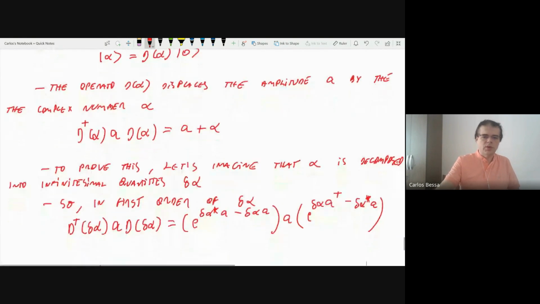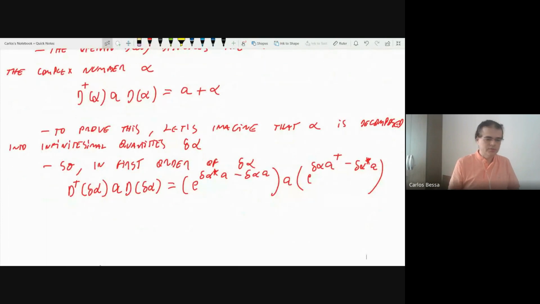So we can expand this up to first order in delta alpha. Let me make this expansion very quickly here.